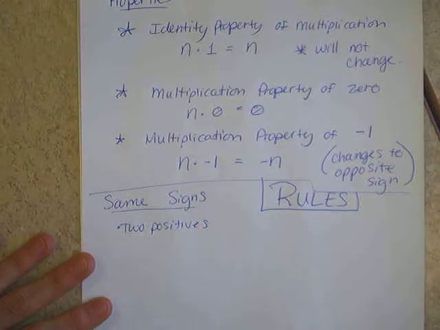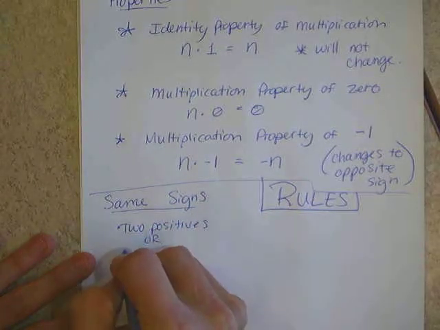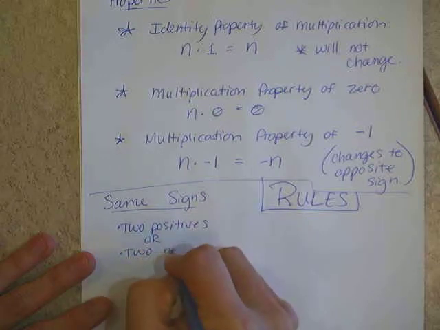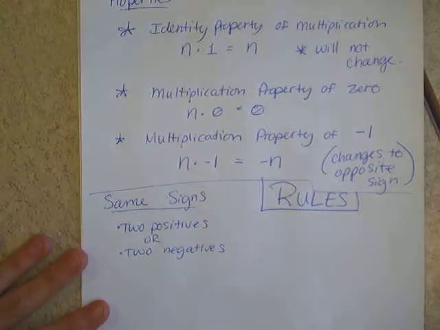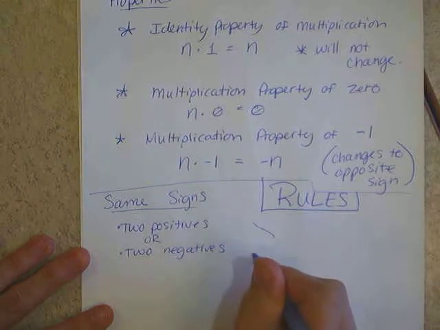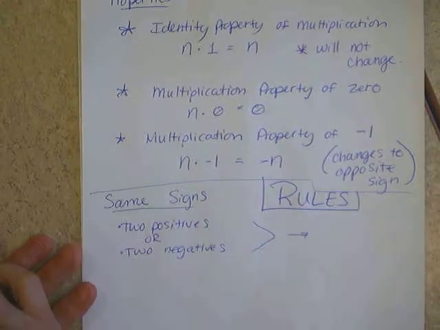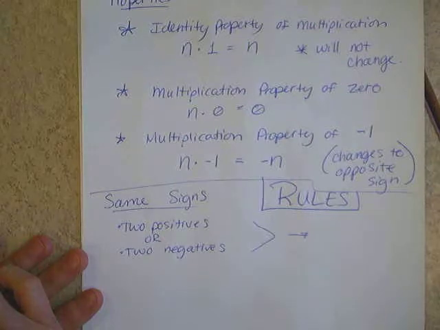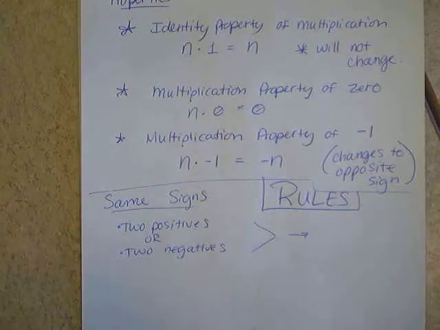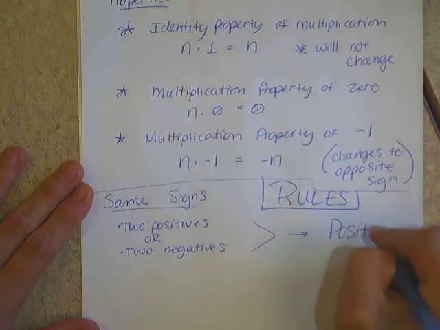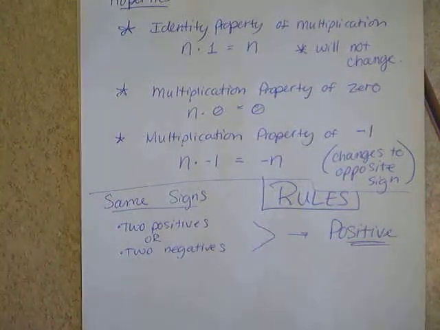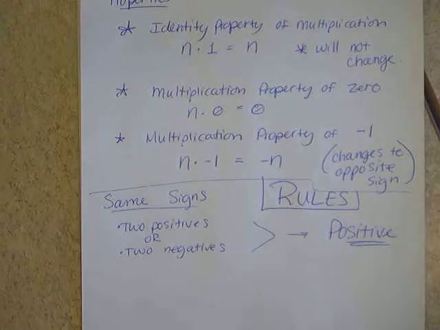So same signs, two positives, or 2 negatives, multiplied or divided, okay, end up giving us a positive result.